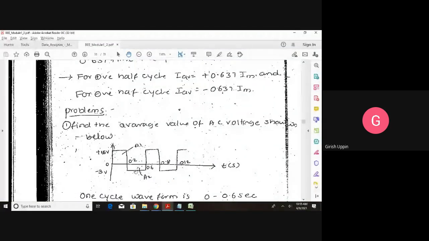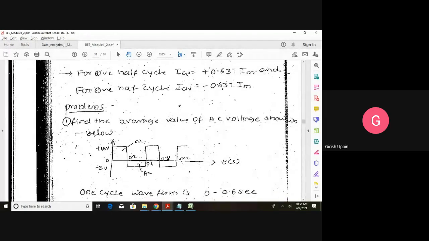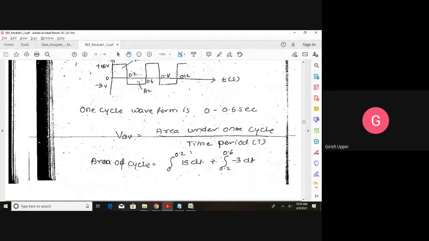In case of an unsymmetrical waveform, for calculating the average, we will take the complete one cycle, that is from 0 to 0.6. So we'll see how it is solved. One cycle waveform is 0 to 0.6 second.